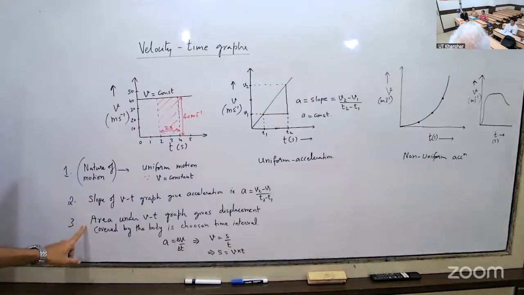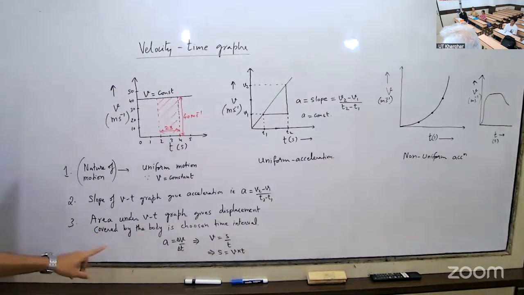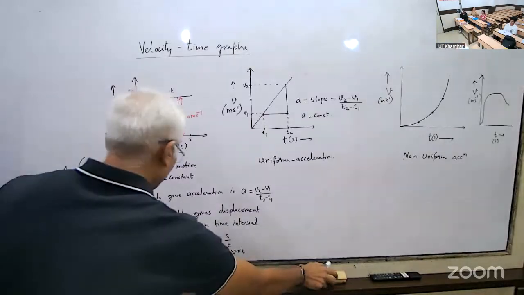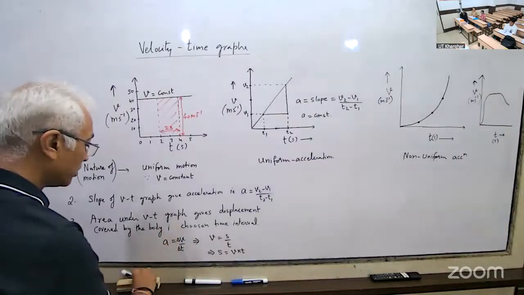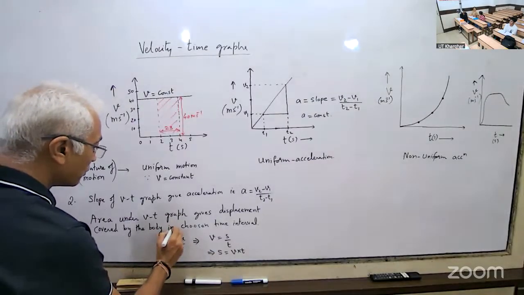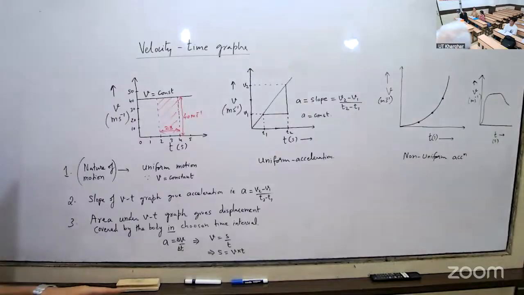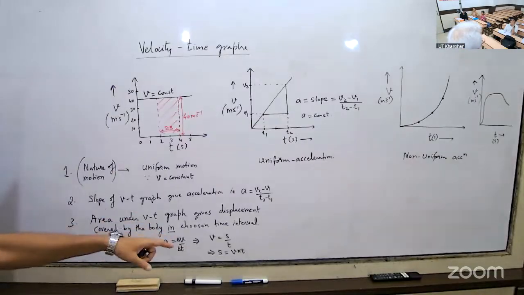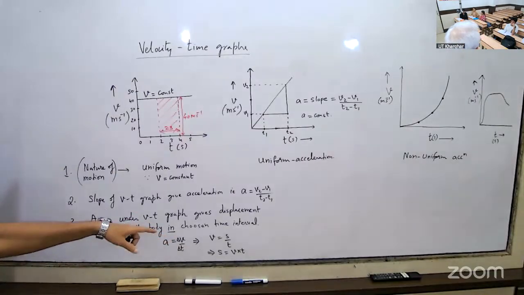This is the concept. Area under the VT graph gives the displacement covered by the body. Look for my grammatical and spelling errors. Sometimes I will eat the word itself because while speaking I say it, but sometimes I jump the words. Okay?